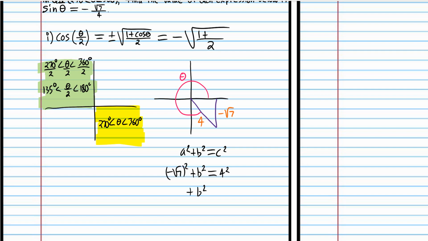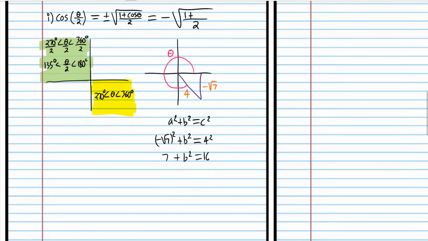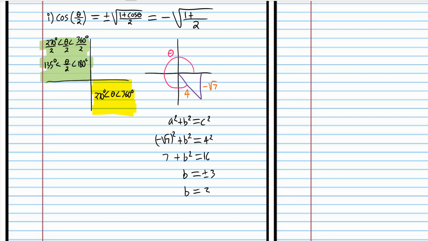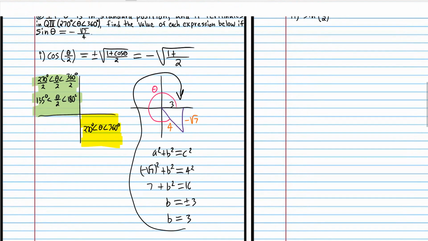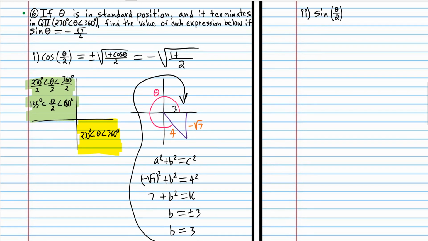And we get 7 here and 16 here. And therefore b is equal to plus or minus 3, but you can see that b has to be positive 3 because this side over here has to be positive. It's on the right of the y-axis.